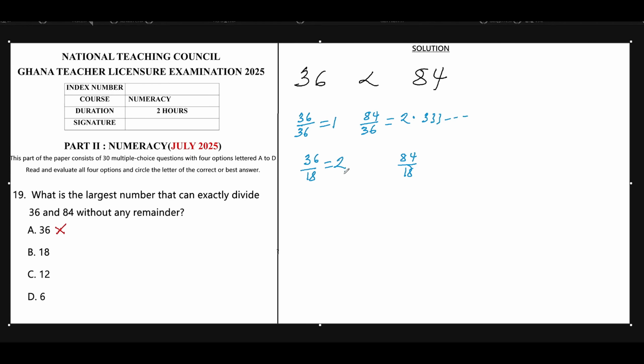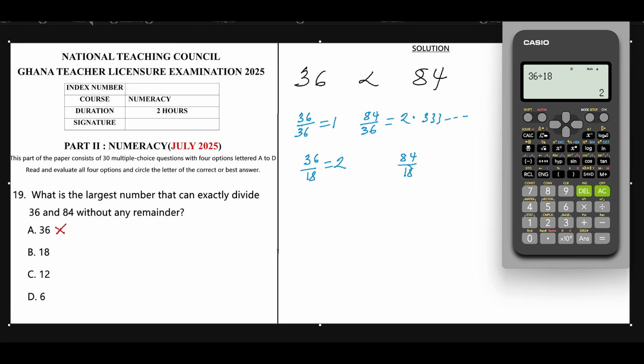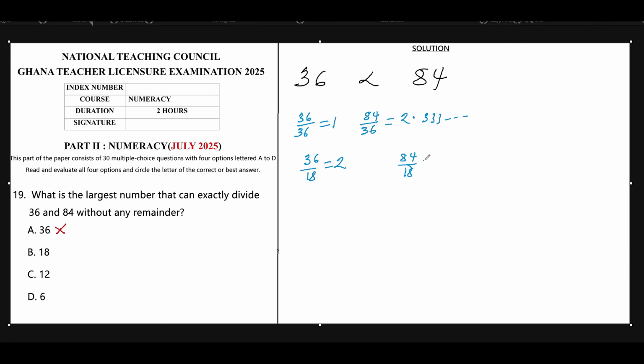So there is no remainder. Let's see the second one, 84 divided by 18. Another common fraction, 4.6666. There is a remainder. So 18 cannot be accepted.